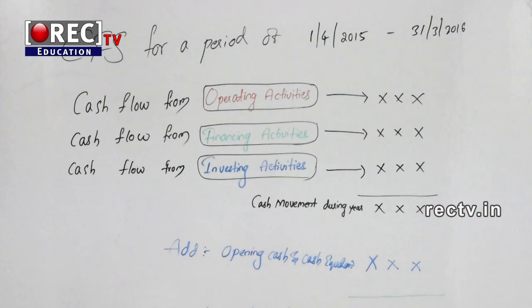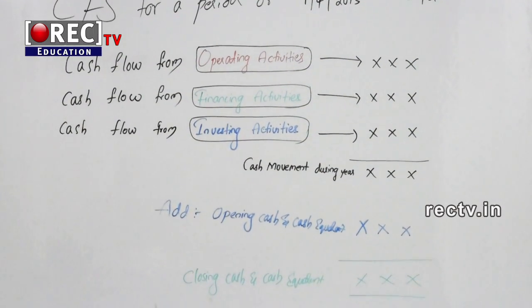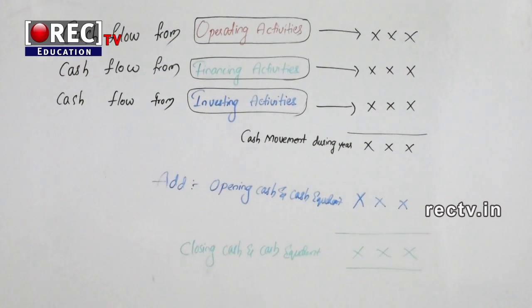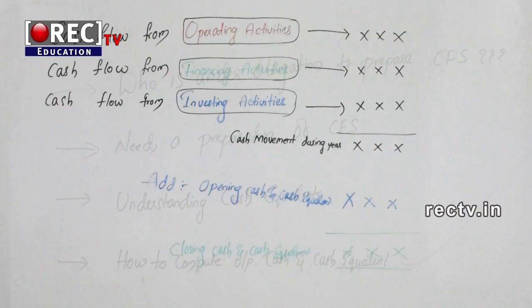This gives the cash movement during the year. To this we add the opening cash and cash equivalent, and we get the closing cash and cash equivalent. So this is the format of CFS.